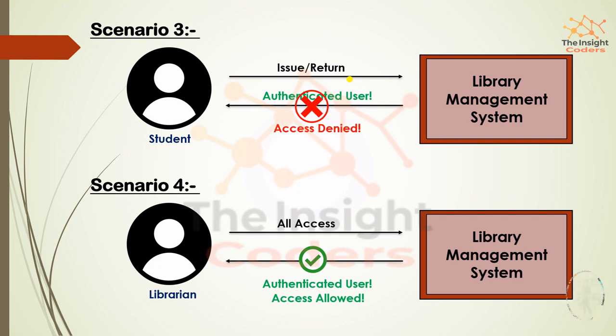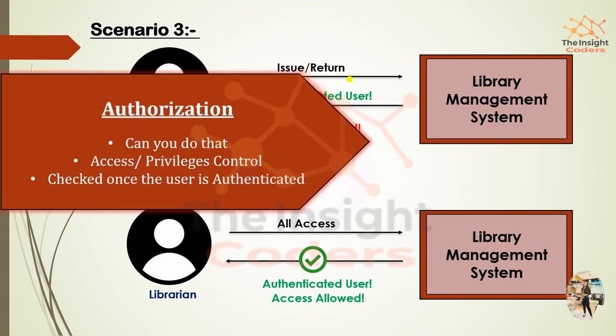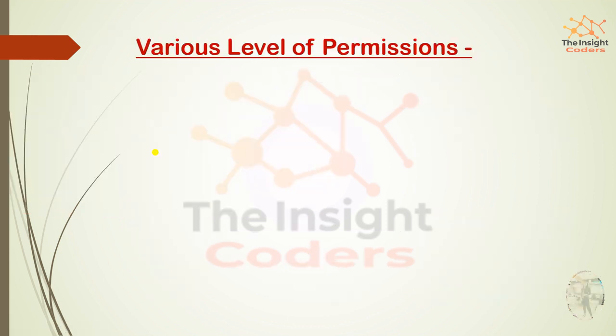When we talk about access, that means the person has that much privilege to do something, and that is known as authorization, which simply says what you can do, or whatever privileges, access or rights you have to access the specific system. This is always done once a user has been authenticated and is the right user. That means we will see if he has the roles to do that or not.